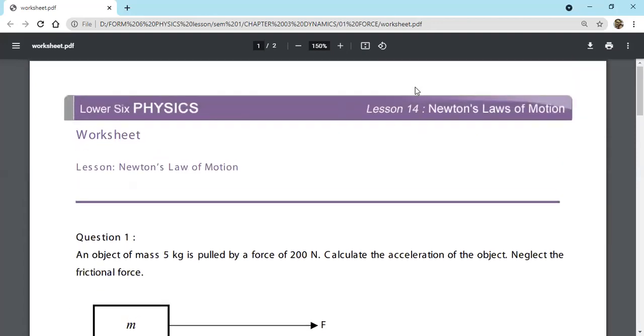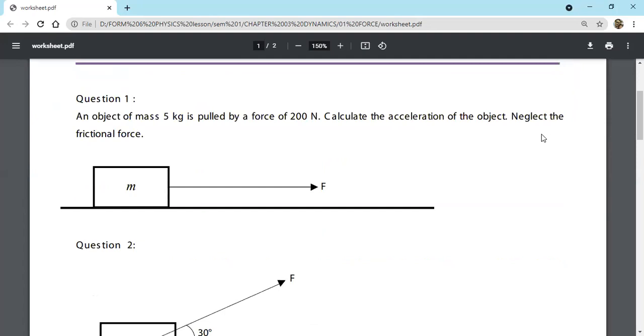Okay, look at lesson 14, Newton's law of motion. An object of mass 5 kg is pulled by a force of 200 Newton. Calculate the acceleration of the object. Neglect the frictional force. That means assume that there's no frictional force.